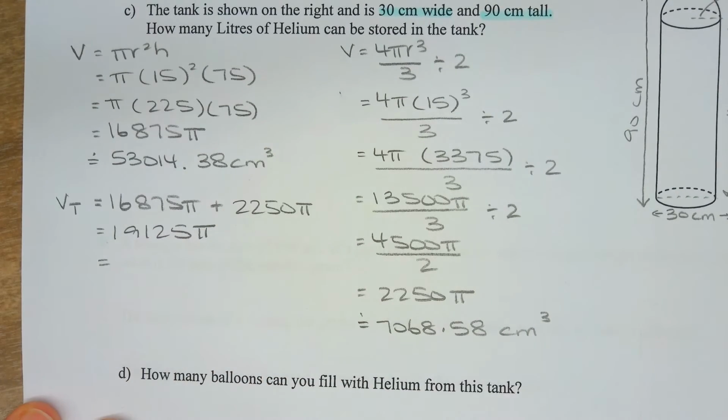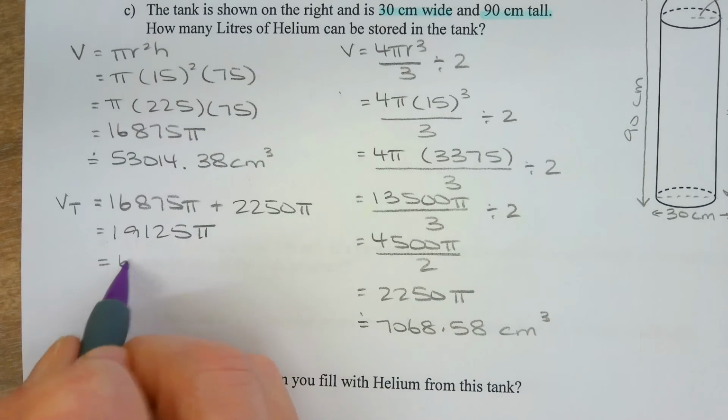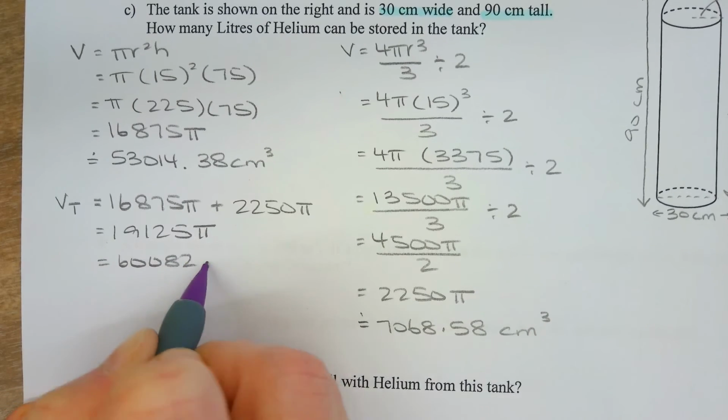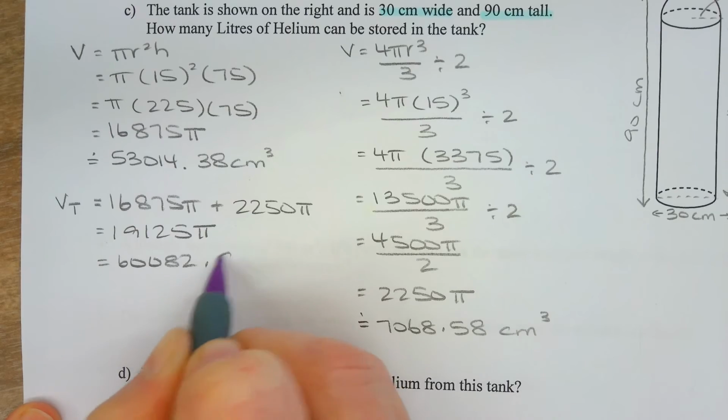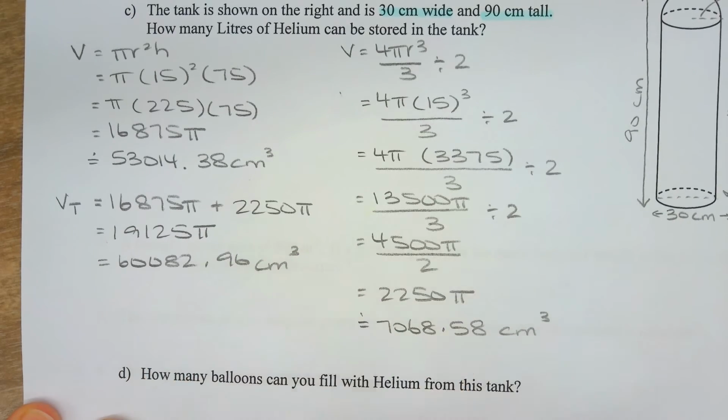And if you use the approximate answers, you will also get close to this as well. And I get 60,082.96 centimeters cubed. And you should get that as well if you use the approximate answers.